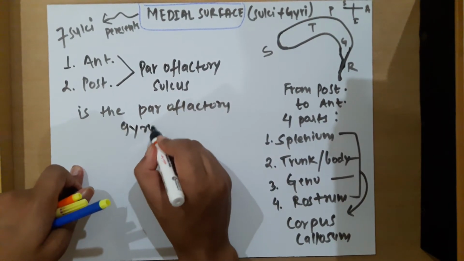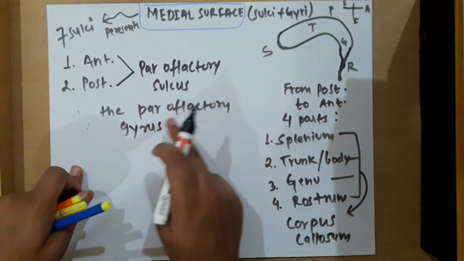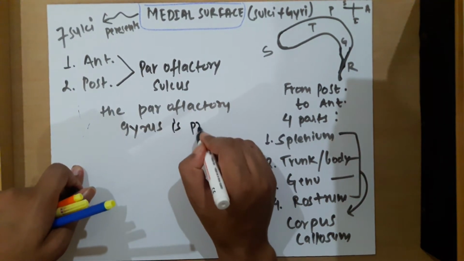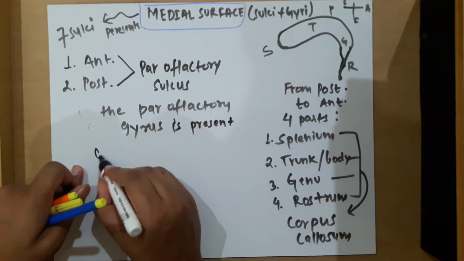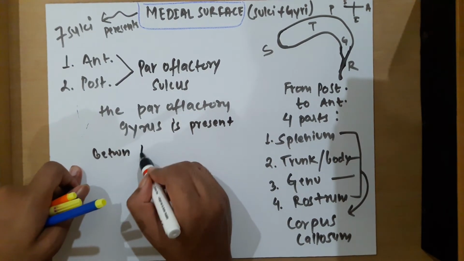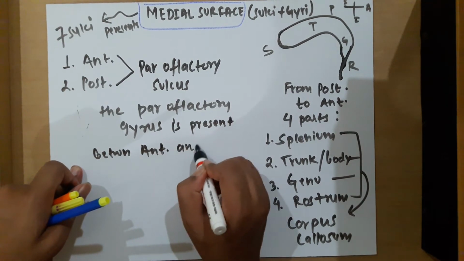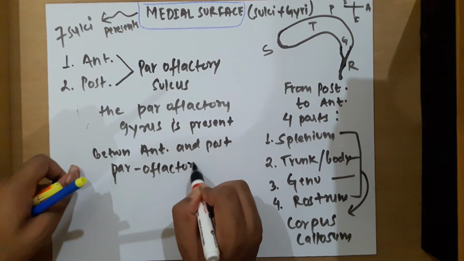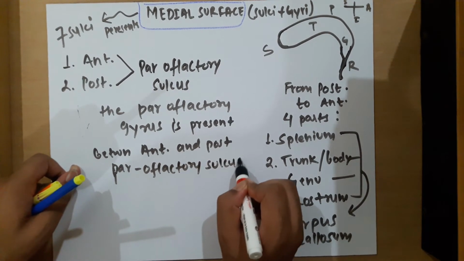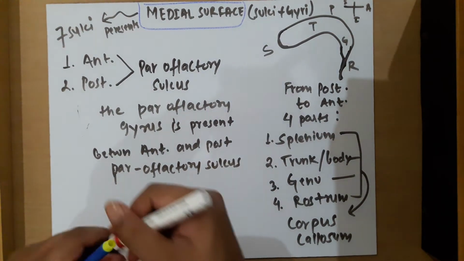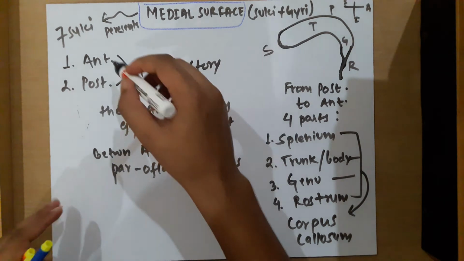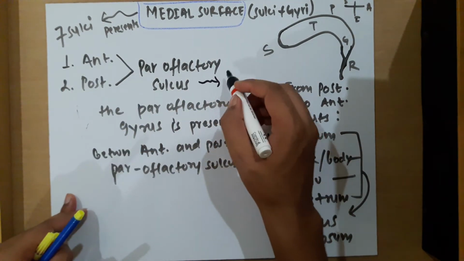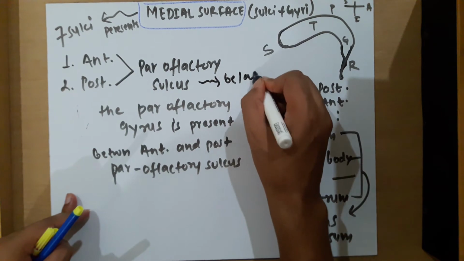The anterior and posterior para olfactory sulci are present a little below the genu.